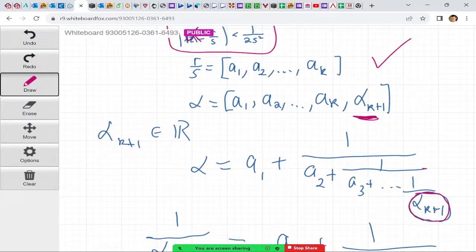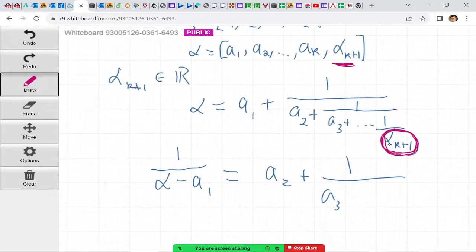For some alpha k plus 1, it doesn't have to be, but if it's positive, well, at least if it's not negative, it has a chance to be a continued fraction. But at the moment, we're just trying to be like a continued fraction. We haven't actually shown that this is a continued fraction, okay? So the question is, do you believe that there's always an alpha k plus 1 such that this is true no matter what alpha and a are?